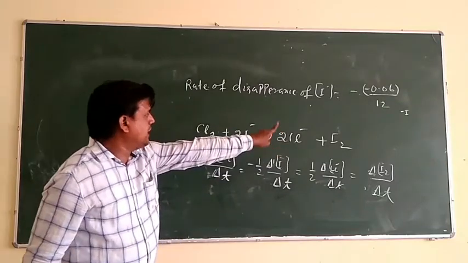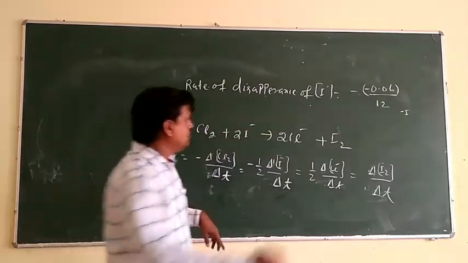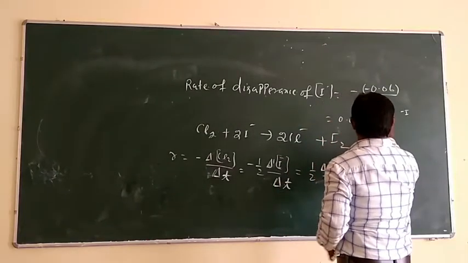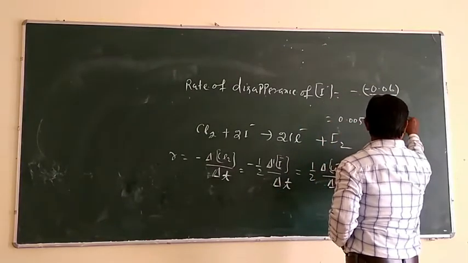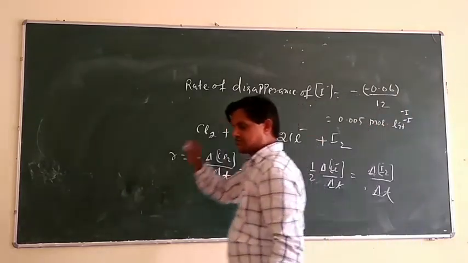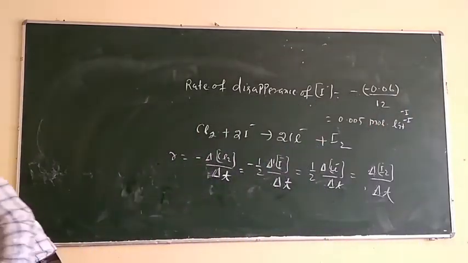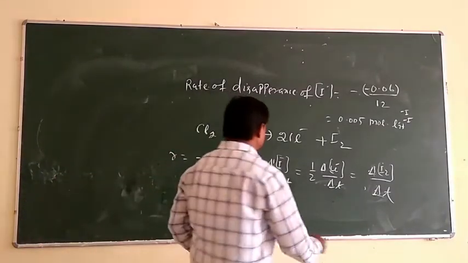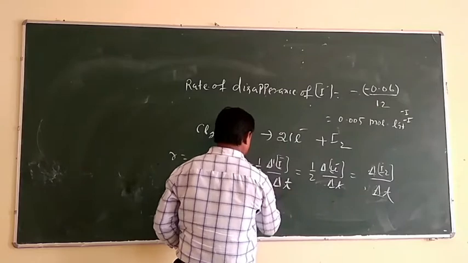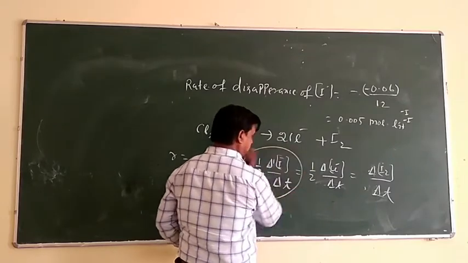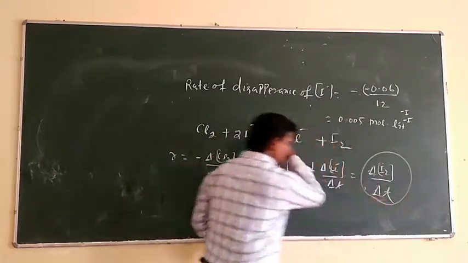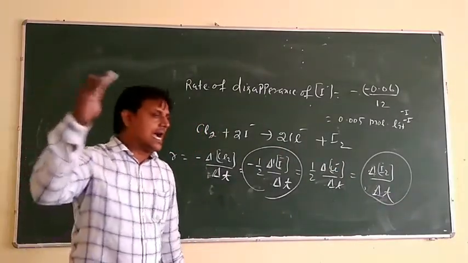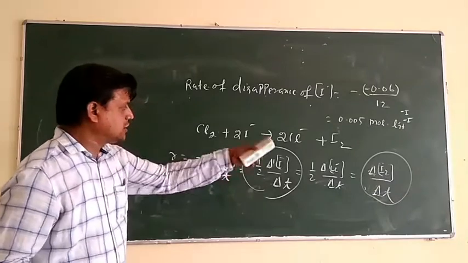Minus 0.06 by 12 equals 0.005 mole liter inverse. Then we equalize these two terms, because our question is in terms of I minus ion and I2.